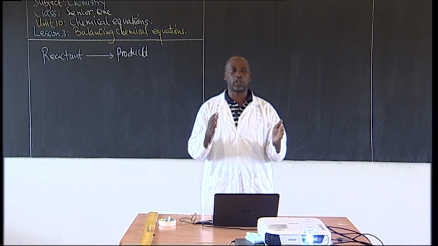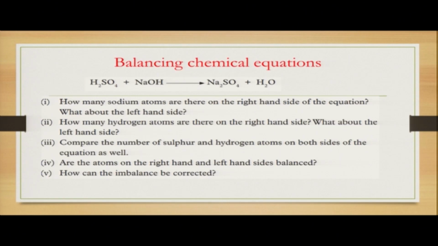Looking at the reaction there, look at how many sodium atoms are on the right-hand side and how many are on the left-hand side. I'm sure you can tell that on the right-hand side, you can see two sodium atoms. So you have sulfuric acid reacting with sodium hydroxide.